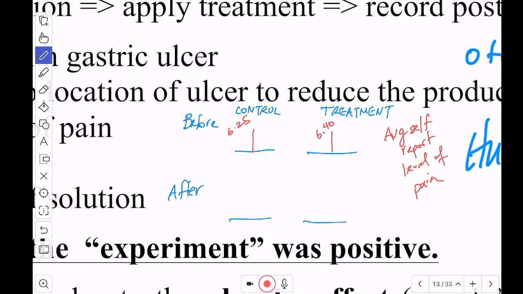So what will happen is, because of the placebo effect, it could be that it affects both the control and treatment group, right?